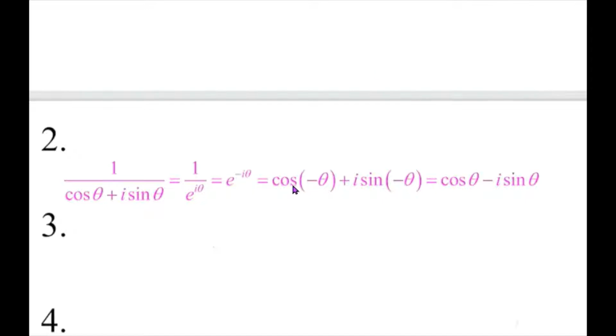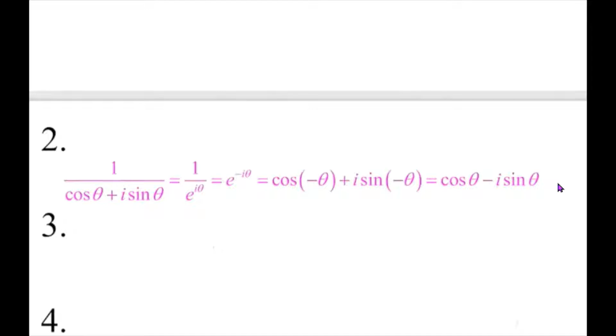Again, using Euler's formula, this can be written as cos of minus theta plus i sin of minus theta. Since cos of minus theta is cos theta itself and sin of minus theta is minus sin theta, you get that 1 over (cos theta plus i sin theta) is nothing but the conjugate of cos theta plus i sin theta, which is cos theta minus i sin theta.